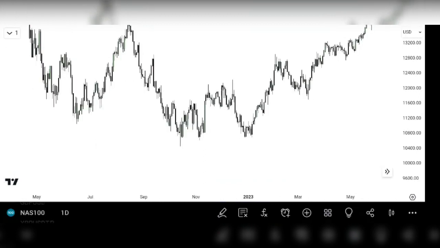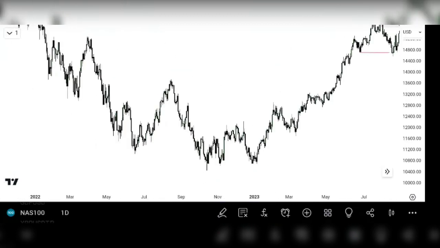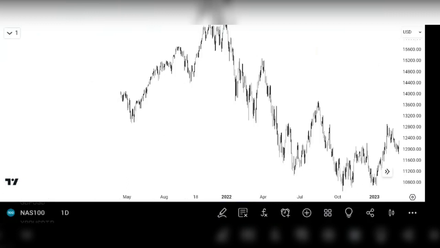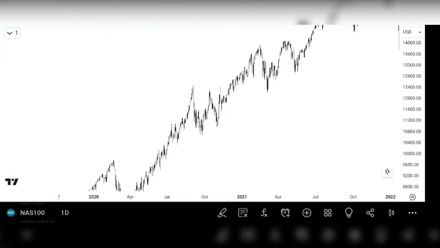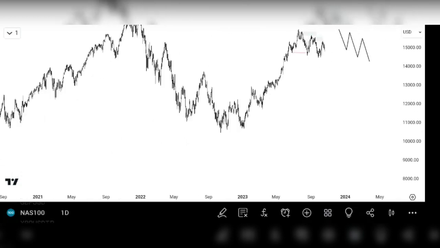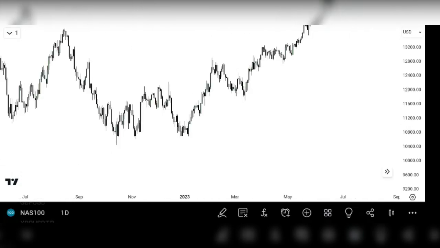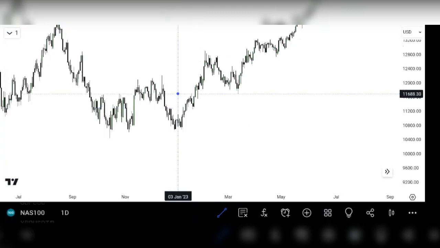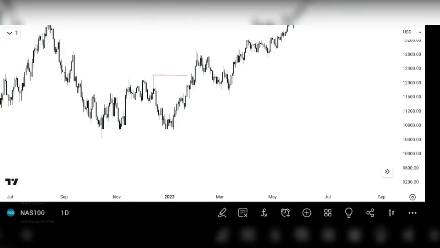Now in the scenario of an uptrend, let me look for some scenarios. Okay, let me use this point. Now you see what happened here? Price broke this point. After this point was broken, what were you expecting?